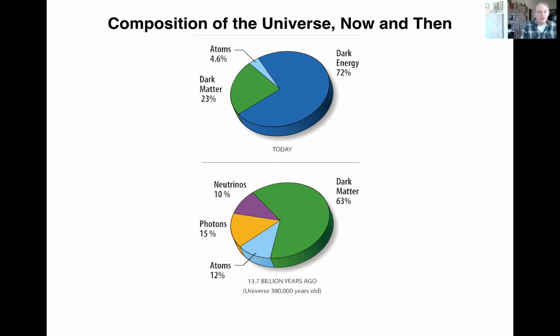It stays the same per unit volume, assuming it's due to a cosmological constant or to a field that has a particular equation of state that resembles what a cosmological constant would have.